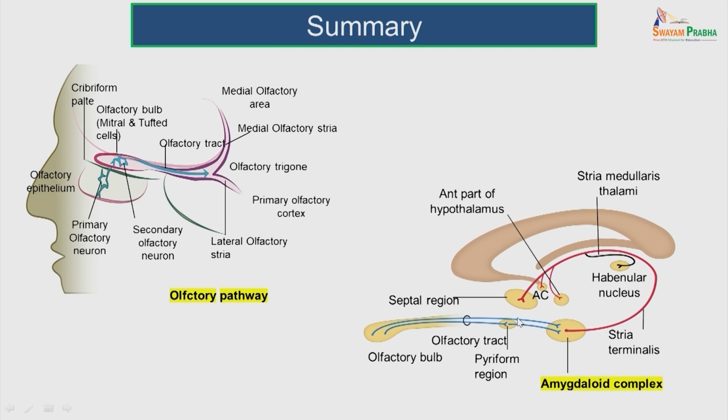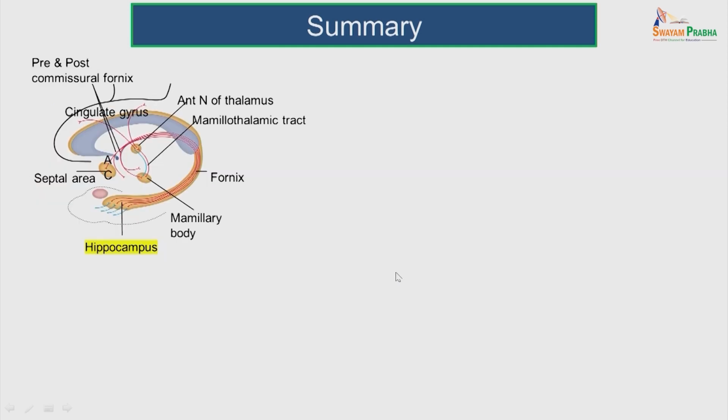Now, coming to the amygdaloid. The amygdaloid receives from the olfactory area. Through the stria terminalis, it is connected to the anterior part of the hypothalamus, and also to the habenular nucleus and to the septal region. And here you can observe the hippocampus connection.